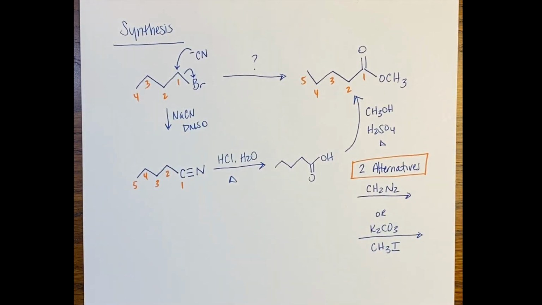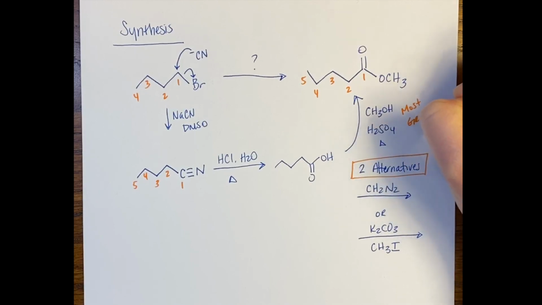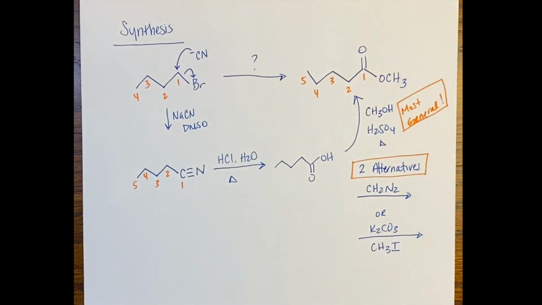And that will first do a deprotonation of my carboxylic acid, followed by an SN2 reaction between that carboxylate ion and my iodomethane. Overall, there are 3 ways to convert a carboxylic acid to a methyl ester. And again, your Fischer esterification is the most general synthetic method that you have for that transformation.